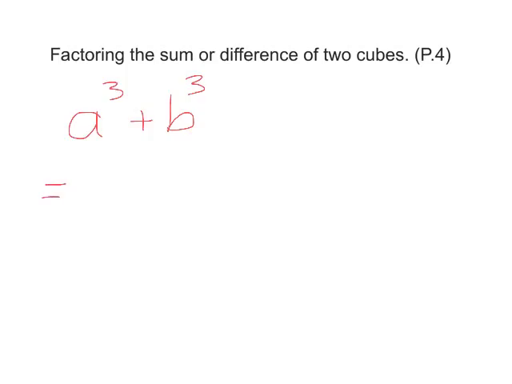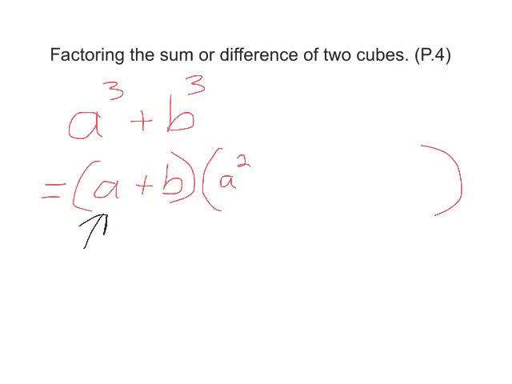That's going to factor into the sum of the cube roots of those two values, okay, whether they're variables cubed like I've got here or if they're numbers, times the square of that first term that you got in the little binomial, which would be a squared, the opposite sign from this one, which is going to be a minus, the product of those two terms in the binomial, a times b, the same sign, sorry, I keep forgetting to switch colors back, the same sign, and then the square of the last term.